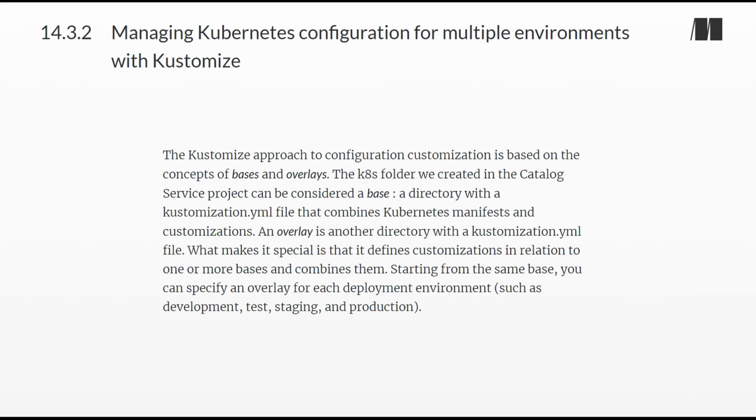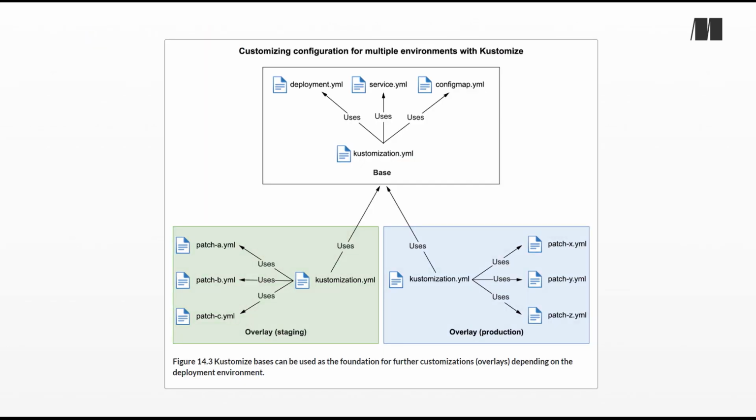What makes it special is that it defines customizations in relation to one or more bases and combines them. Starting from the same base, you can specify an overlay for each deployment environment, such as development, test, staging, and production. As shown in Figure 14.3, each customization includes a customization.yml file.